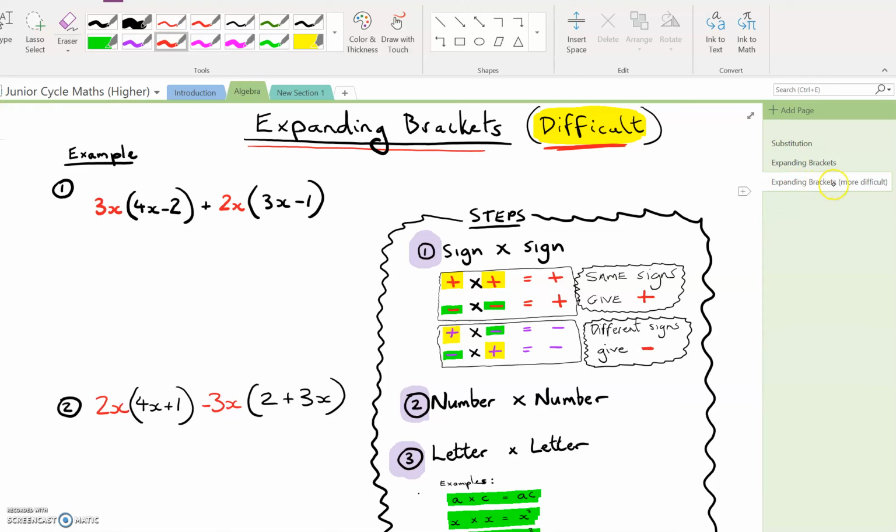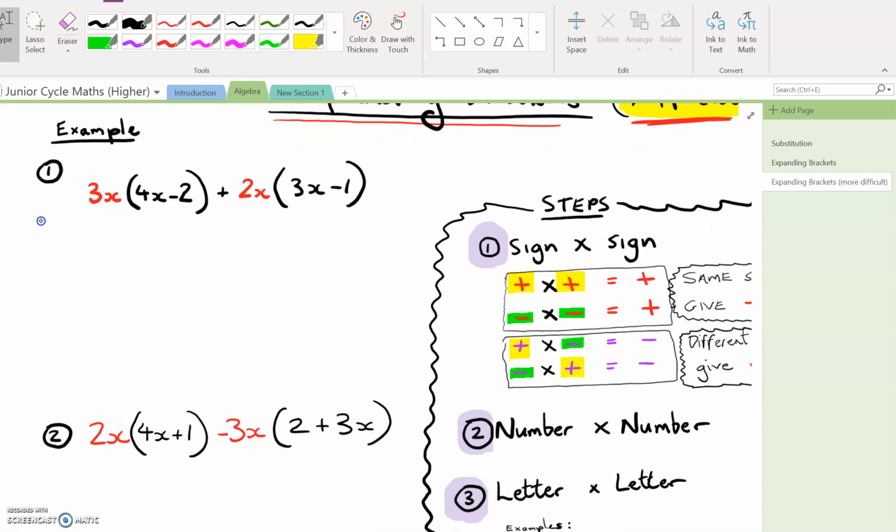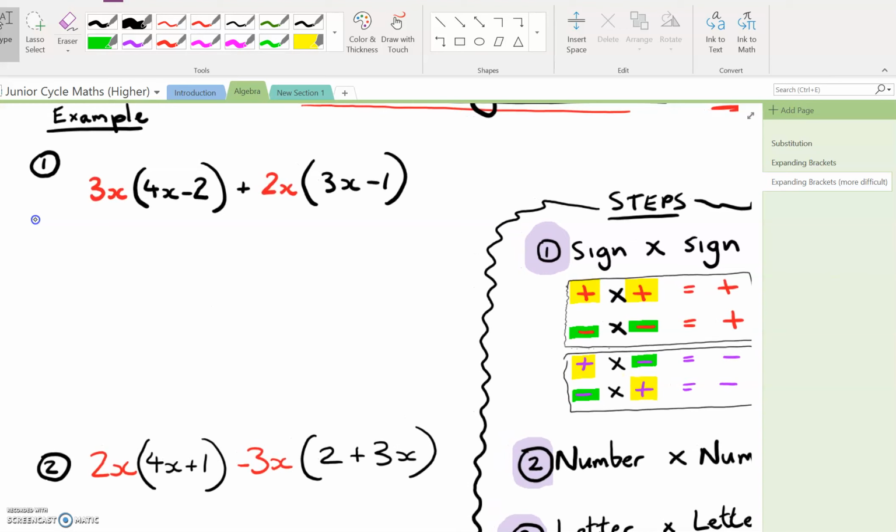This is the expanding brackets more difficult ones. So if you haven't looked at the video for expanding brackets, you should look at that one first before you look at this one. Okay, let's assume you have looked at it, and let's try and do these slightly more difficult questions. Let's take a look at the first one.